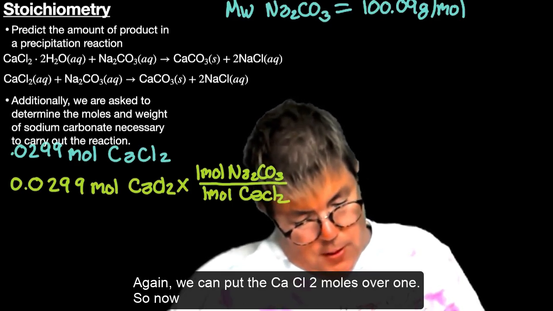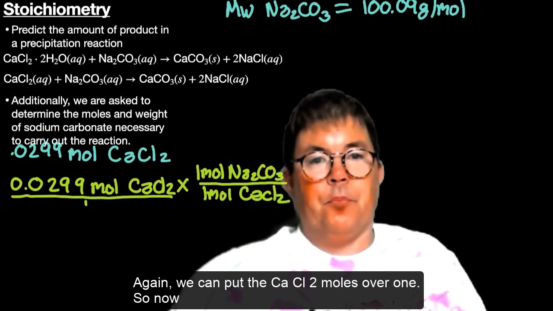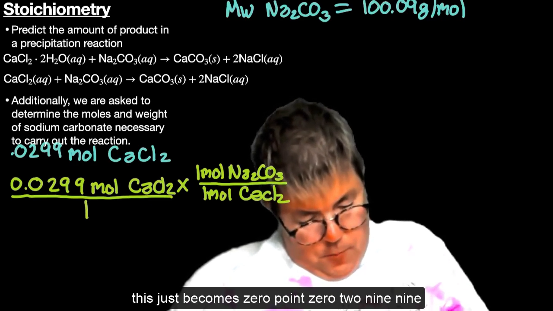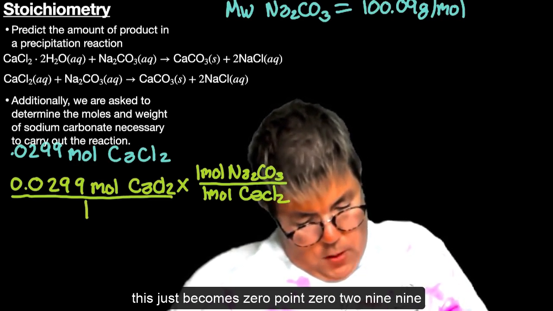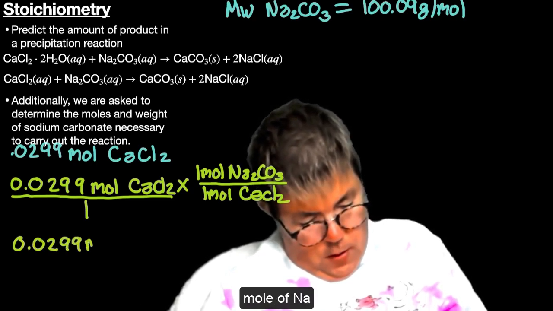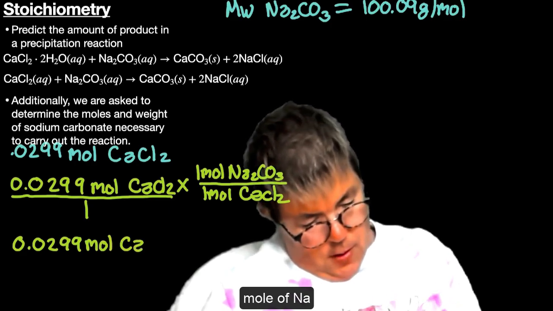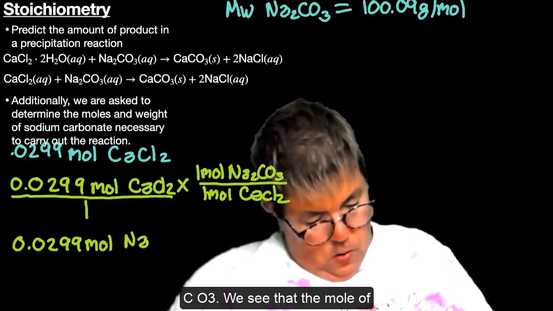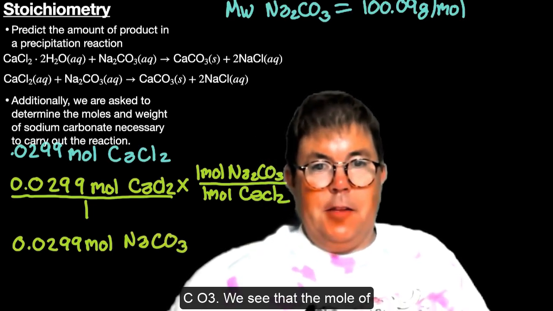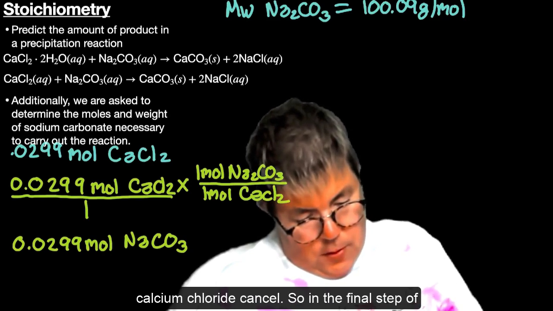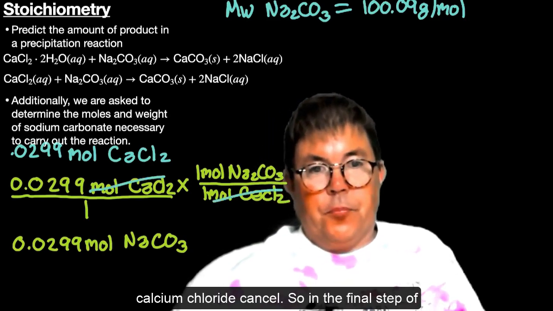Again, we can put the CaCl2 moles over 1. So now this just becomes 0.0299 mole of Na2CO3. Make sense? We see that the moles of calcium chloride cancel.